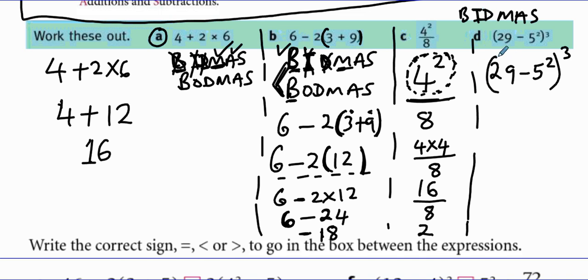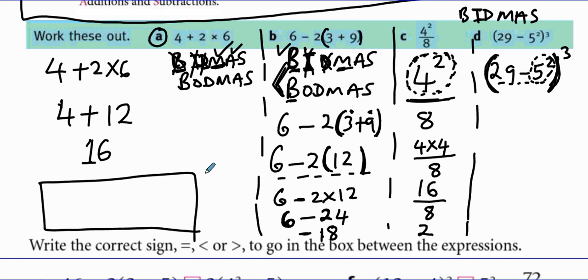So in this question here, you can see we have two things. We have brackets. At the same time, inside the brackets, we have a power. So inside the brackets, you have to work out the power. The power is 5 to the power of 2. In the brackets, we have 5 to the power of 2.